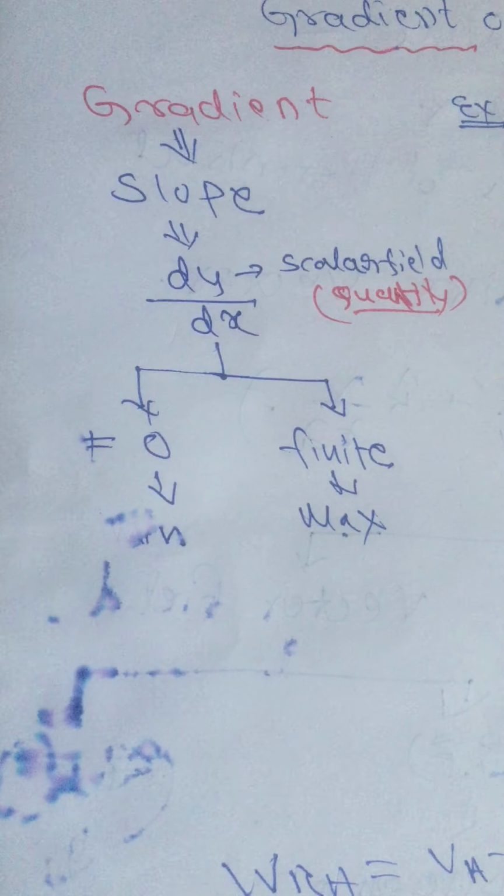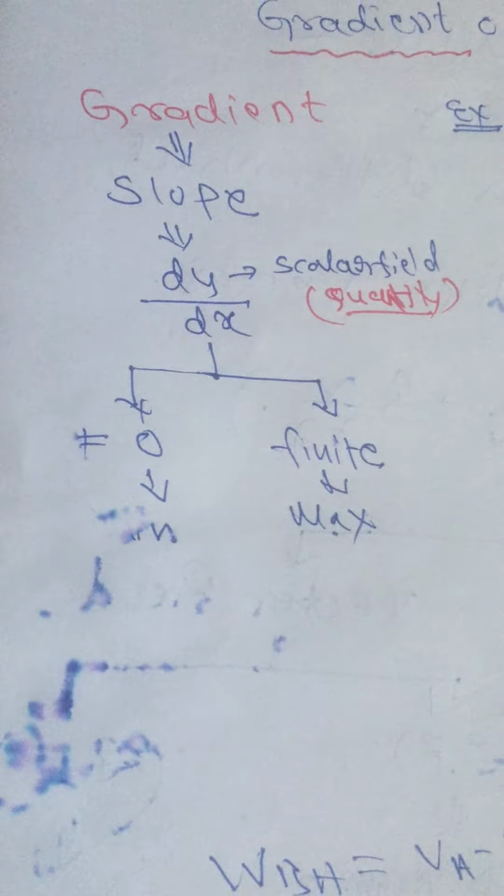I repeat, the rate of change of a scalar quantity with respect to distance, that is the gradient. So this gradient or slope should not be zero or minimum. It should be finite and it should be maximum. That is, the rate of change of the scalar field with respect to distance should be maximum.